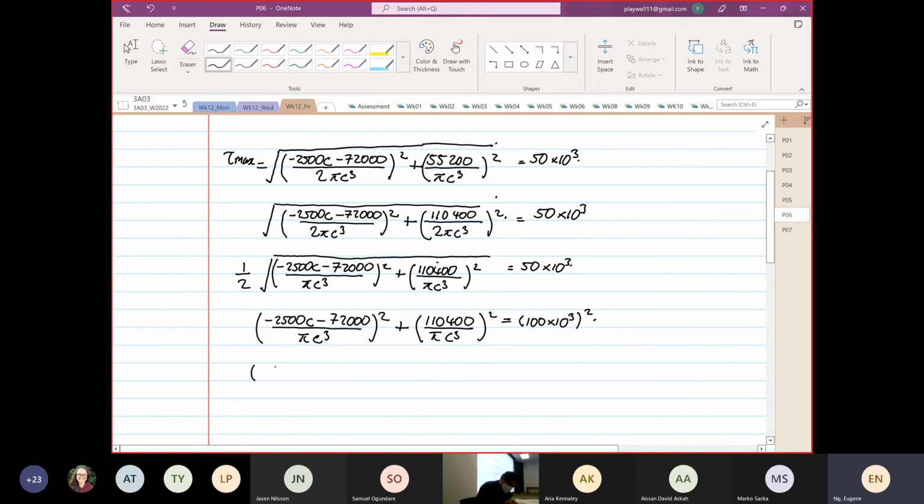Then, because it's a common denominator, this will be equal to 100 times 10 to the power 3 squared. So it's 10 times 10 to the power 9 pi squared C to the power 6.